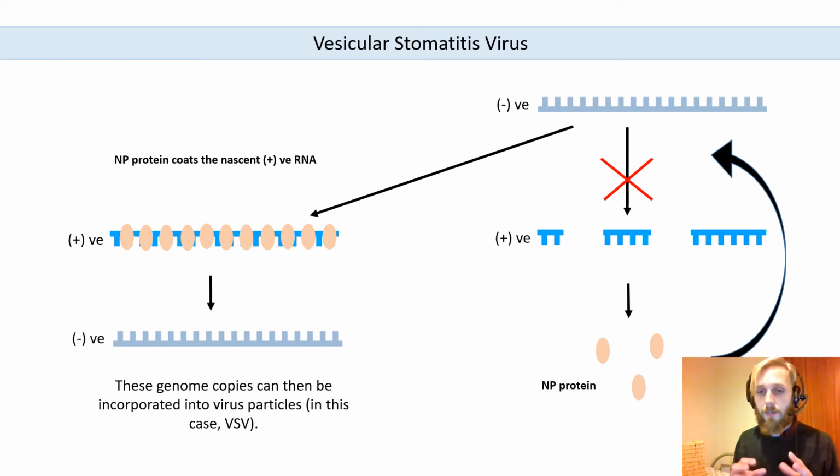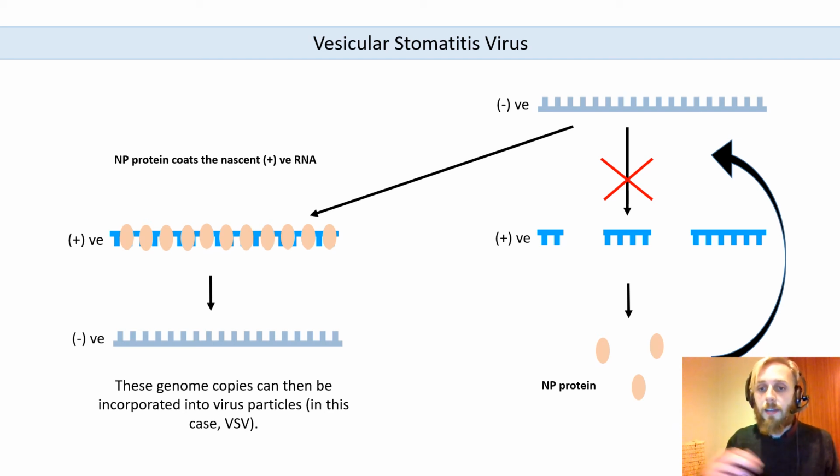As the levels of this NP protein build and build, NP starts to coat the nascent RNA that is being produced. As it's coating the nascent RNA, it's encouraging the production of full-length copies rather than the subgenomic fragments that were being produced initially.